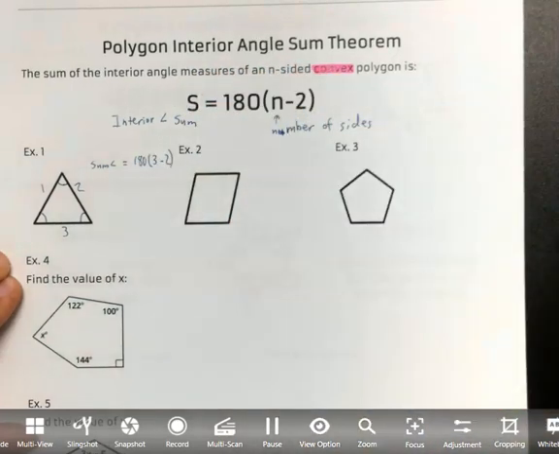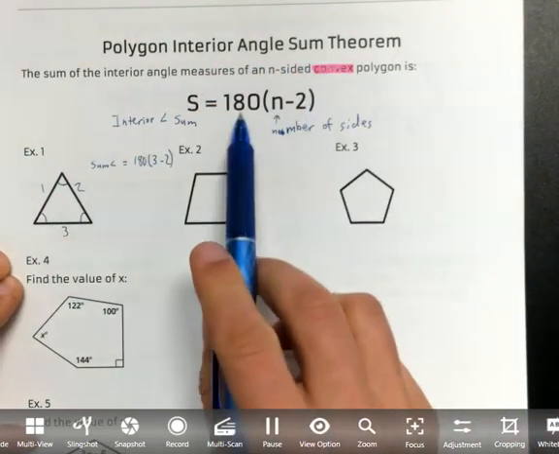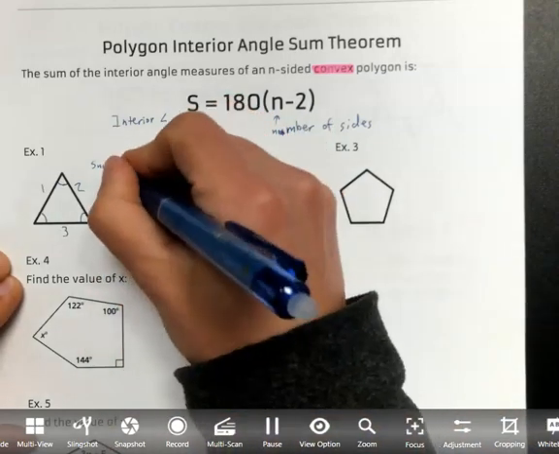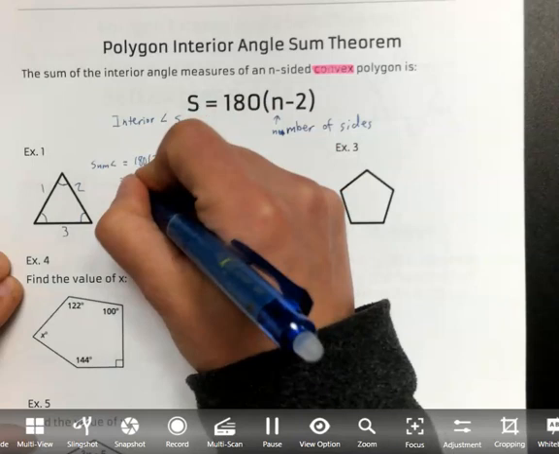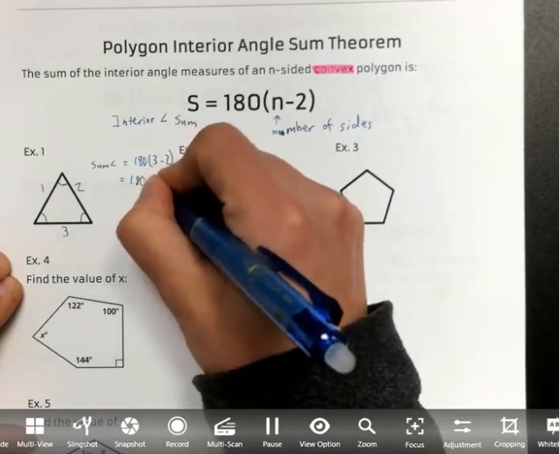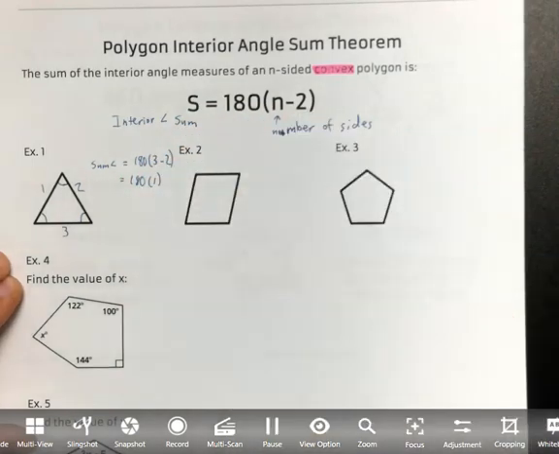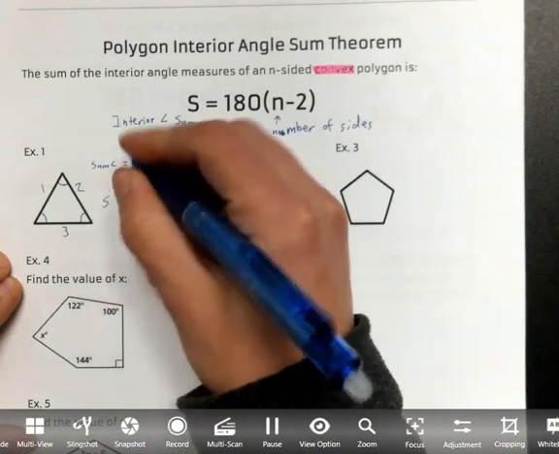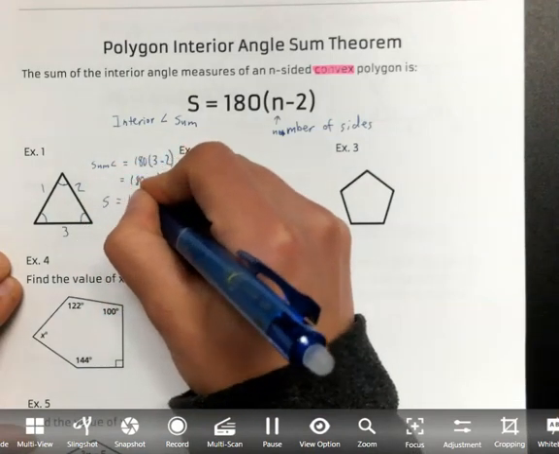You're gonna be like, where did that 2 come from? Where did the 180 come from? I'm just using the formula right here. So this is equal to 180 times 1, because 3 minus 2 is 1. And so that means my sum is equal to 180.